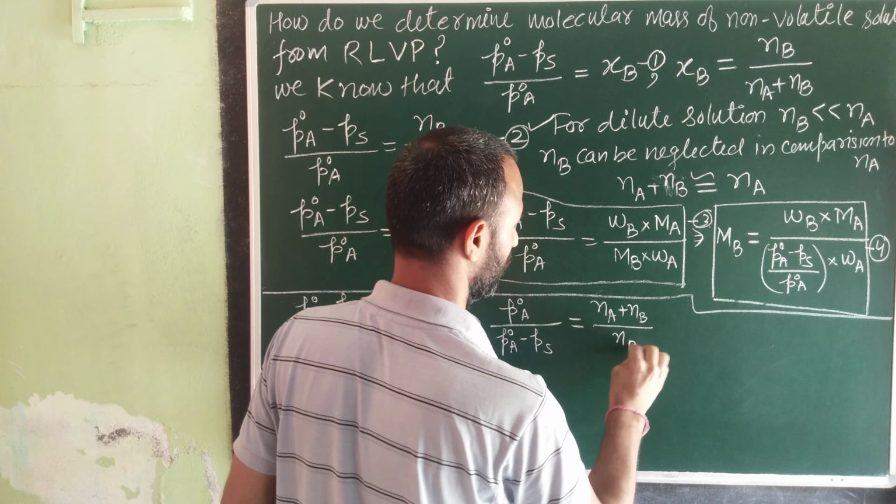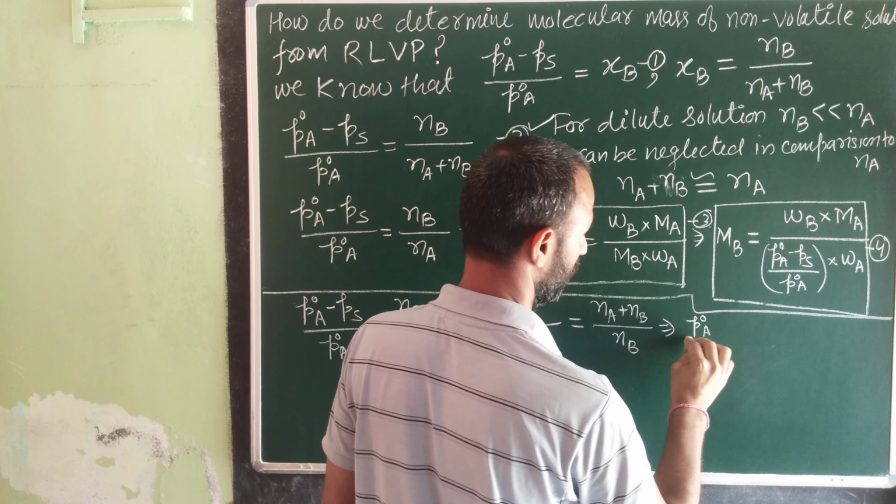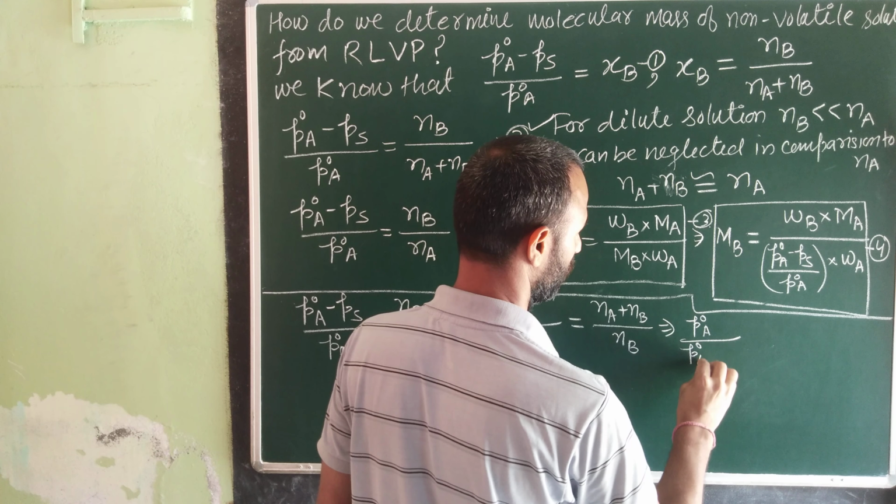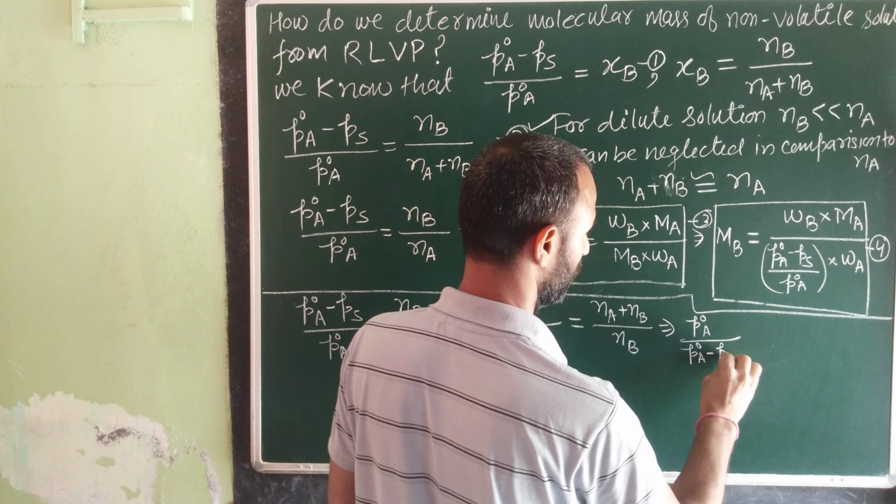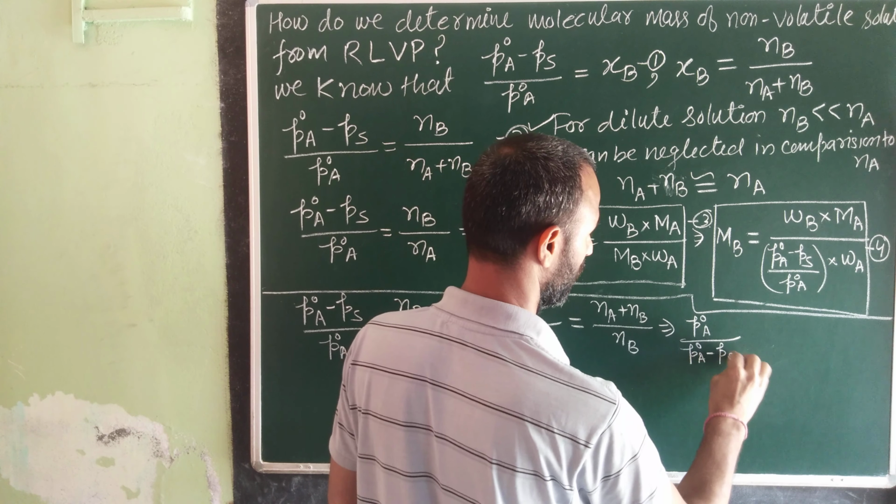Right? That implies P naught A over P naught A minus Ps is equal to just Na over Nb plus Nb over Nb. So it becomes Na over Nb plus 1.